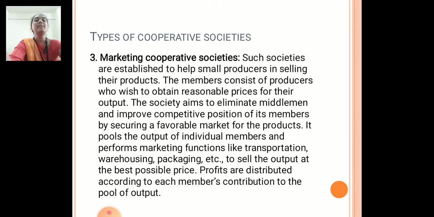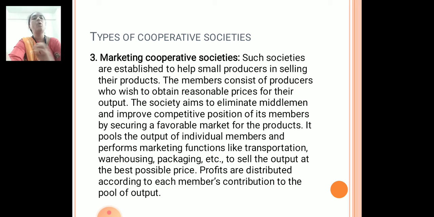The second is that the members, who consist of producers, wish to obtain reasonable prices for their product, who want the actual price for their product. The real beneficiaries are these persons who have produced, because if a middleman is involved, there is no effort made by him. The middleman just takes from the sellers and gives it to the buyers, and he adds his profit.